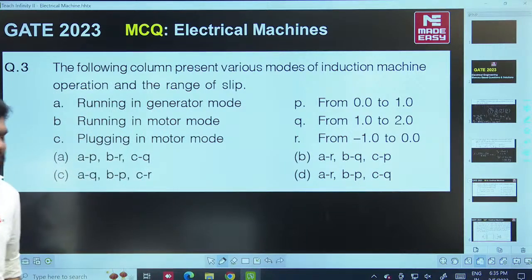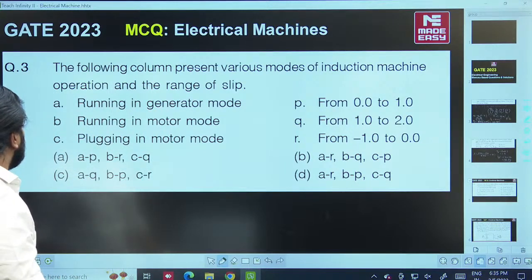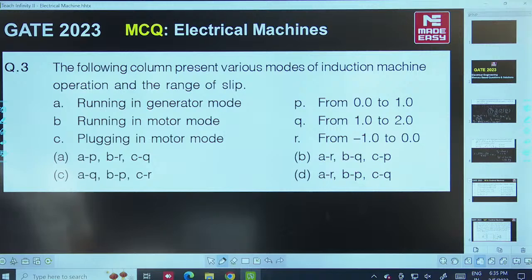Another question from induction, which is a basic question. The following one represents various modes of induction machine operation and the range of slip.